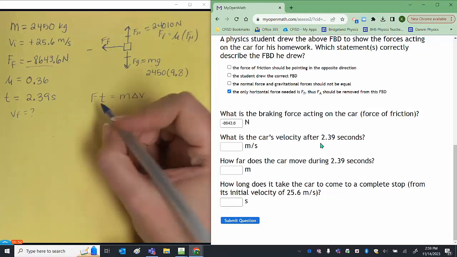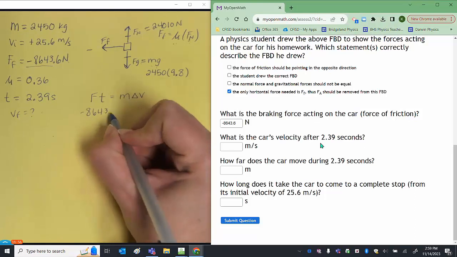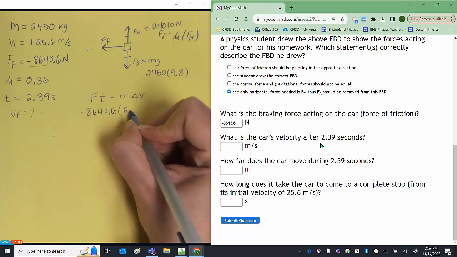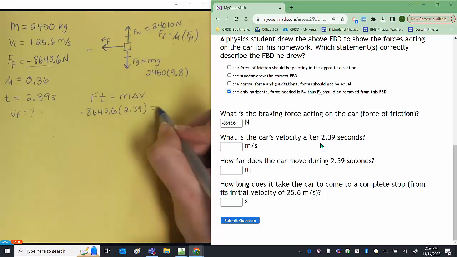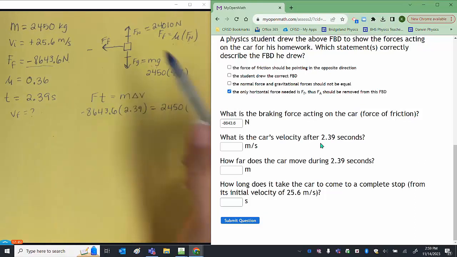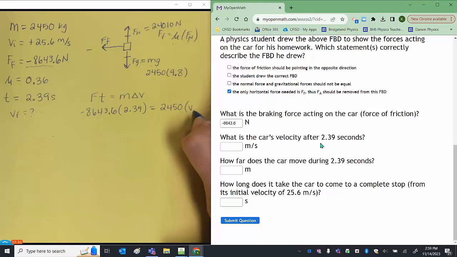My force is again that negative 8,643.6. My time that they gave me is 2.39. It is equal to, my mass is 2,450, and my change in velocity, again, change in velocity is Vf minus Vi. I don't know Vf. I do know Vi. And so that is my setup.